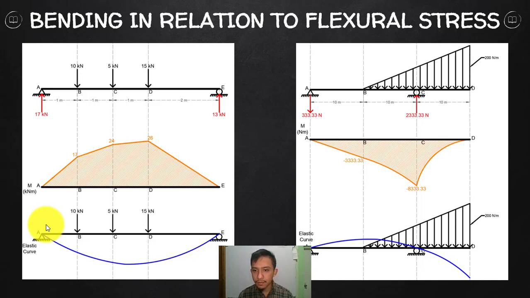This is the opposite of this example. The entire fiber on the upper part, since this is concaving downwards, is under tension from A to D and below is compression. So that is how we relate the type of stresses of the fibers with your moment diagram.